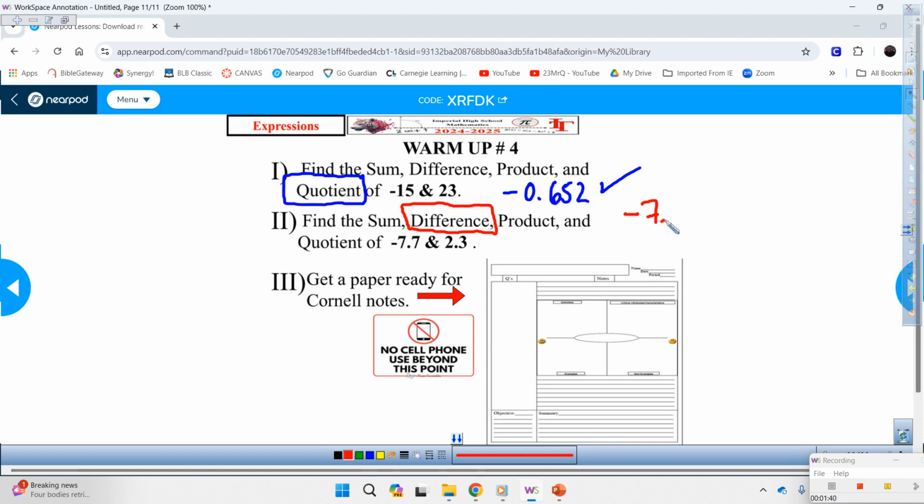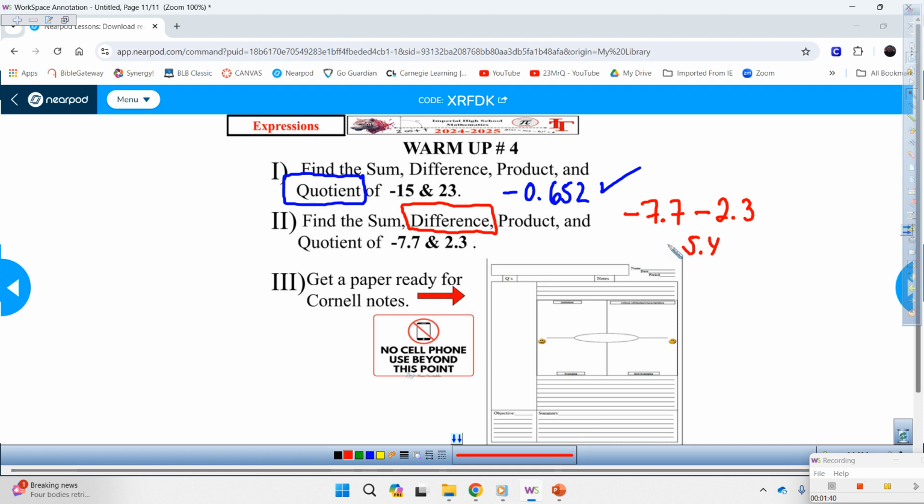All right, negative 7.7, difference means subtract 2.3. Let's see, this is a tricky one. Let's see how we did. Caitlin, pass to someone. Kenyon, what'd you get? 5.4, close.